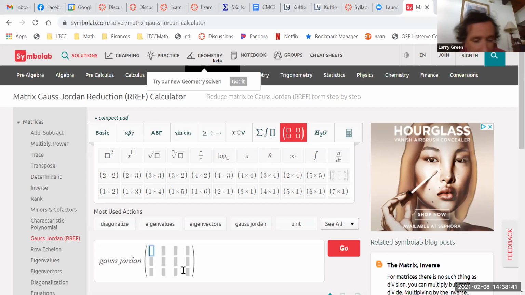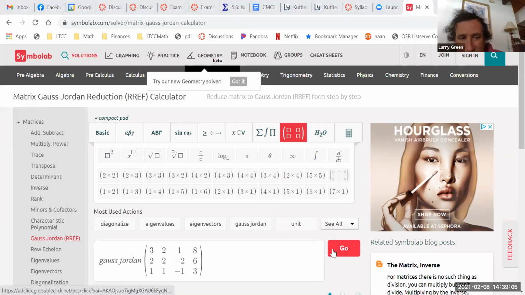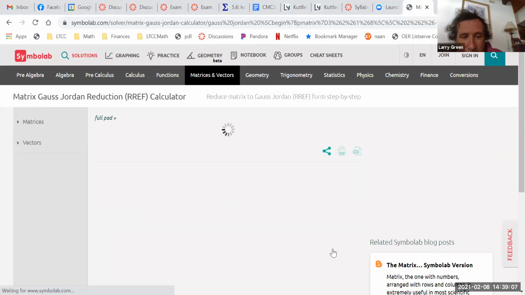And 3, 2, 1, 8. 2, 2, negative 2, 6. And then 1, 1, negative 1, 3. Any questions on popping into Symbolab? And I hit go.